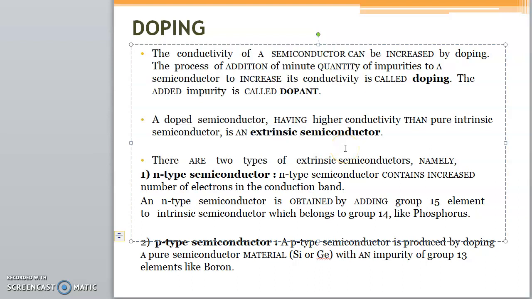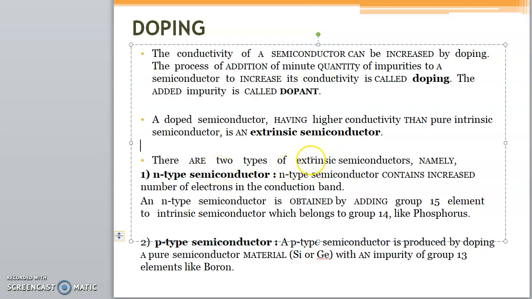So if I have a doped semiconductor, what is added is a minute quantity of impurity to increase its conductivity, that is doping. A doped semiconductor which has higher conductivity than the pure intrinsic semiconductor is called an extrinsic semiconductor.